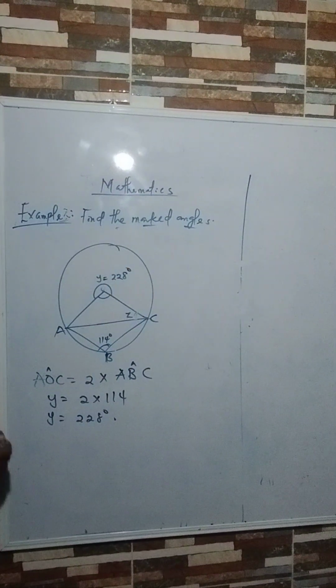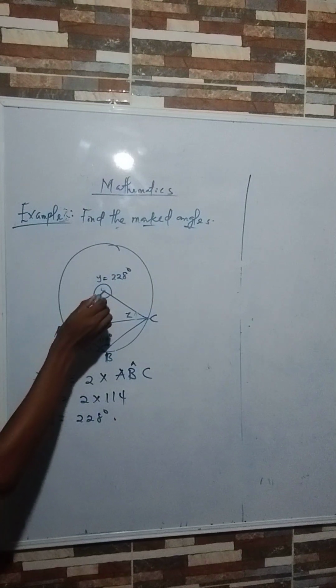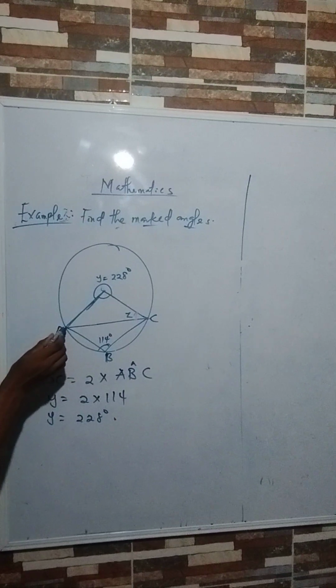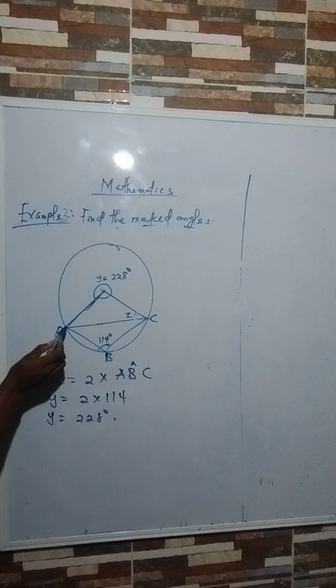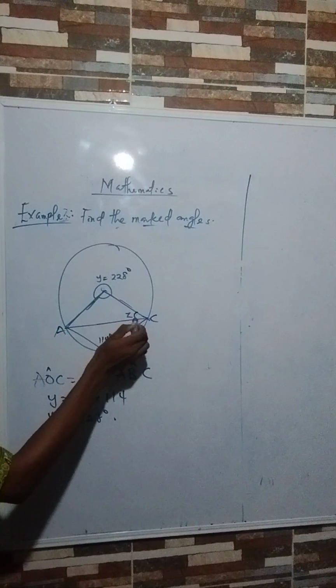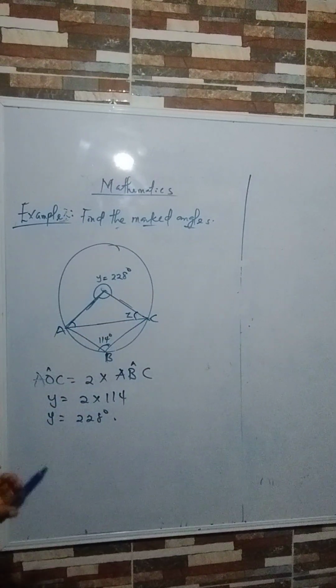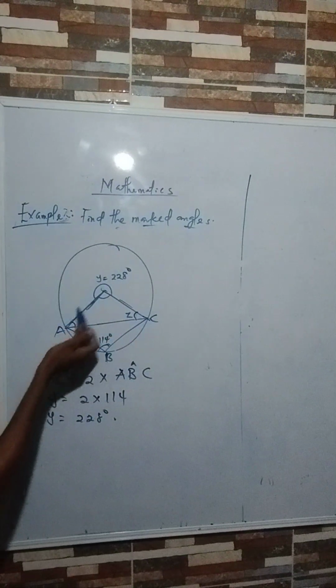Now, to find your Z, we know that from here to here is your radius. The distance from the center of the circle to any given point on the circumference of the circle is called the radius. So this is a radius, this is also a radius. So if here is Z, the other place can also be Z. Definitely we should know that, because it is forming what type of triangle? An isosceles triangle.